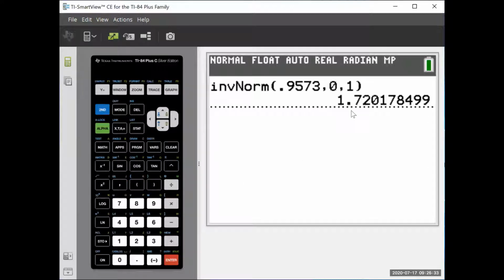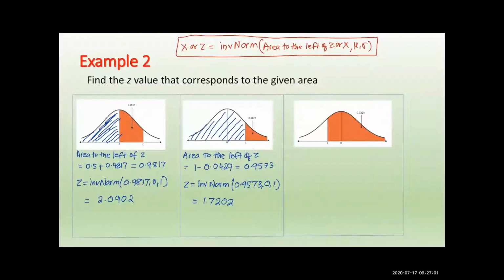And the result is 1.7202, rounded to 4 decimal places. So the z-score is 1.7202, and that makes sense because z is to the right of 0. Somewhere here should be 1, so this must be 1.7, which makes sense.